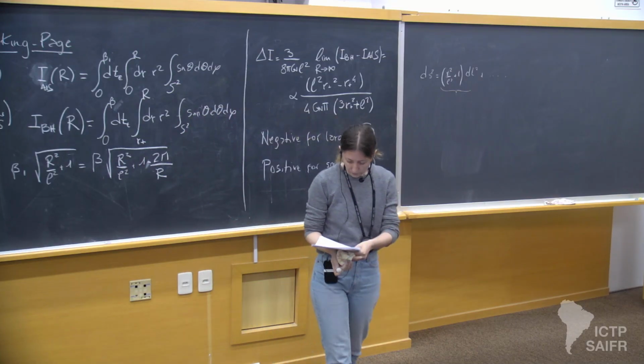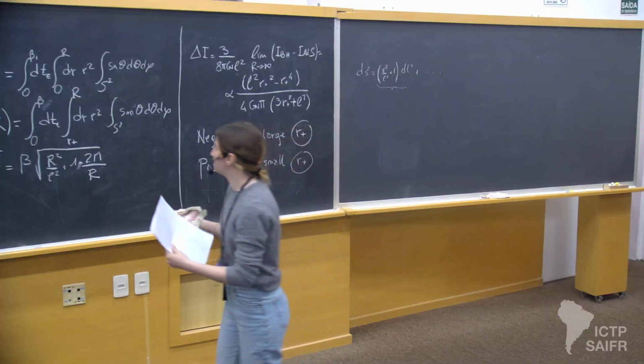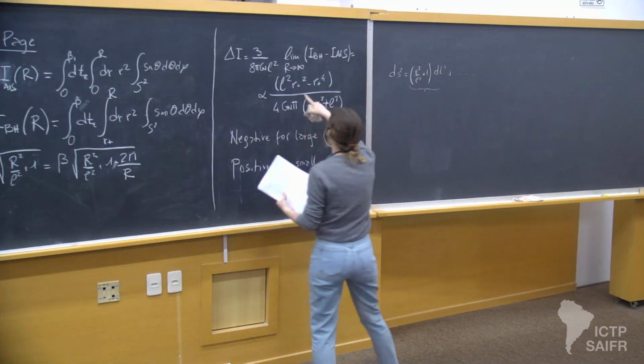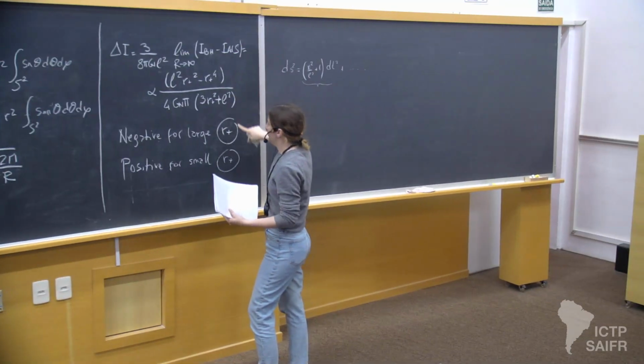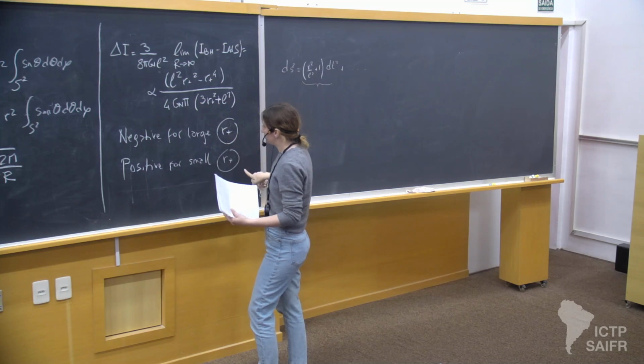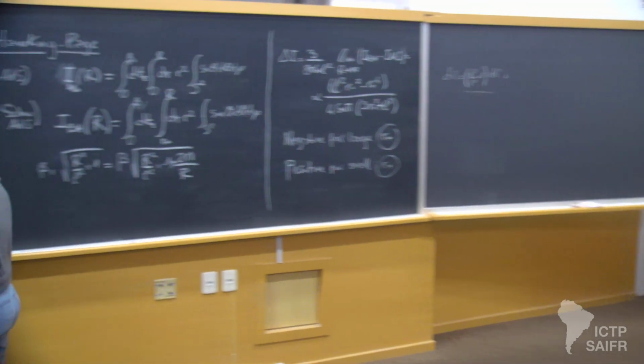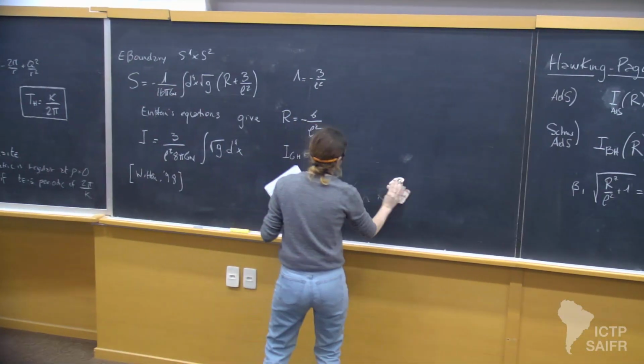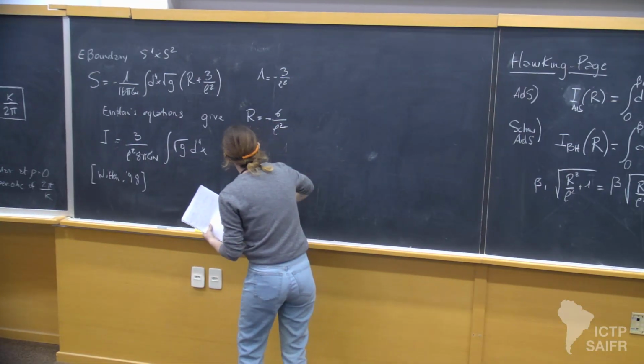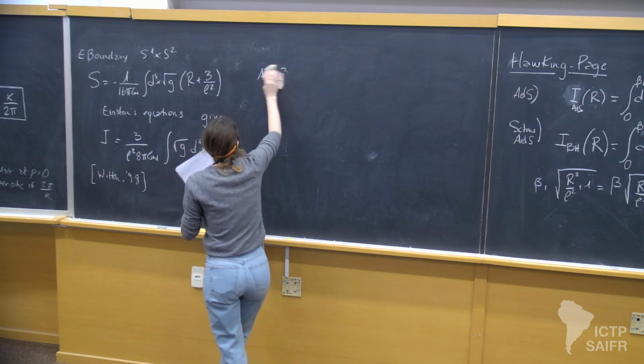Okay. So the upshot of all this is that we have seen that at some point this thing becomes negative, in particular for large R plus. For small R plus, instead, thermal AdS is the favored one. So it means that you have a phase transition between thermal AdS and a large black hole.